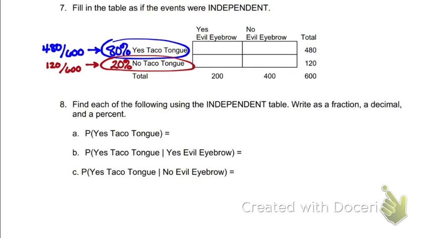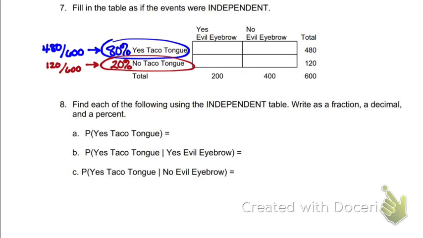So if these are independent, what proportion should be able to evil eyebrow? What proportion of the yes evil eyebrow kids should also be able to taco tongue? How many did we say could? 80%. So of this column right here, what percentage of this should go right here? 80%.